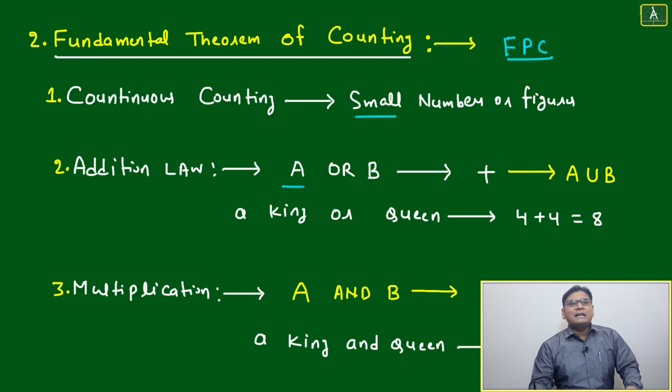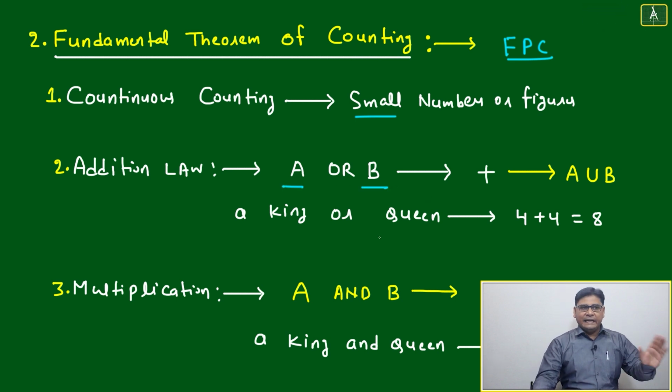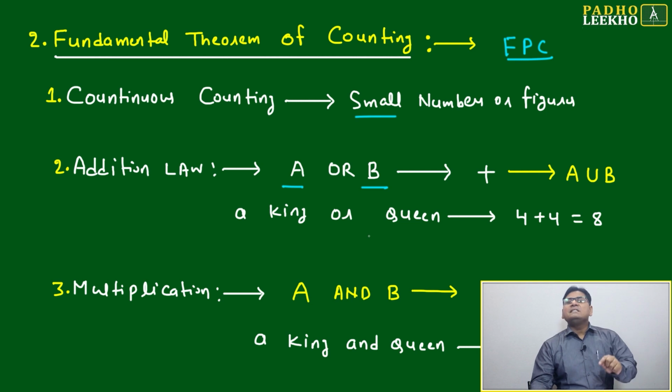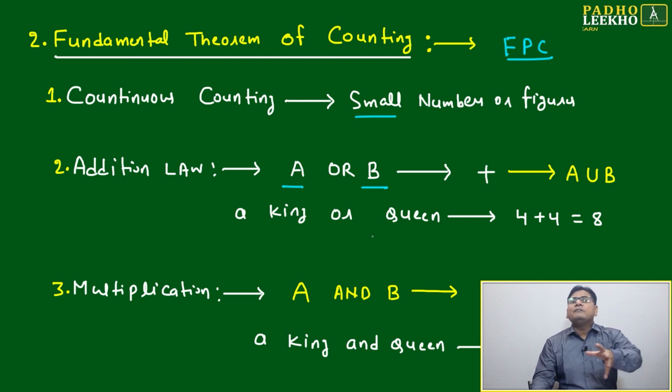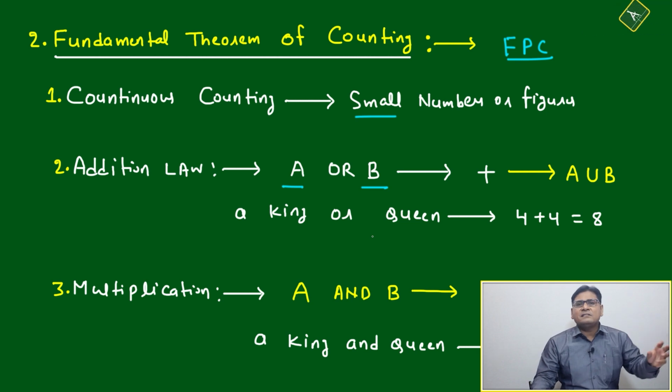If the condition is given as A or B, meaning either A or B, then at a time you are selecting either A or B. Again, in A or B, the numbers may be different. Maybe 4 apples and 5 oranges.